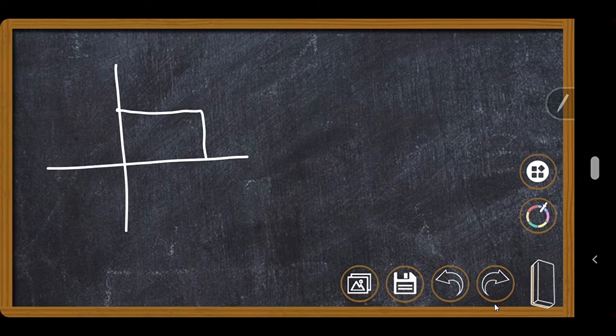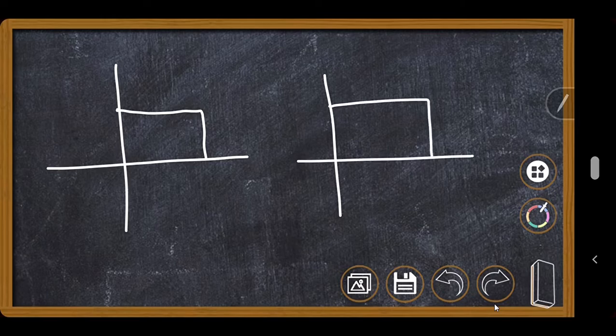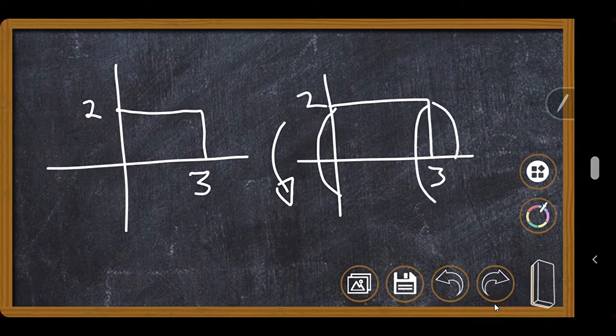Now, because I've mentioned that a rectangle when revolved around an axis generates a right cylinder, then we'll consider a rectangle right here with a length of 3 and a width of 2. Take note that when this rectangle is revolved around an axis, for example in this case the x-axis, we can generate a cylinder.